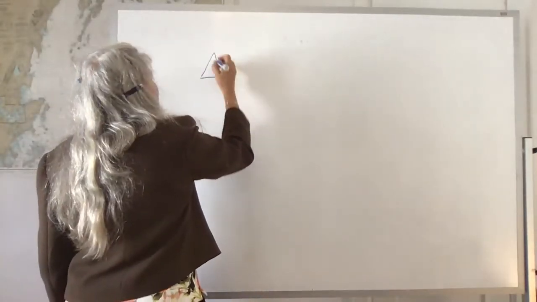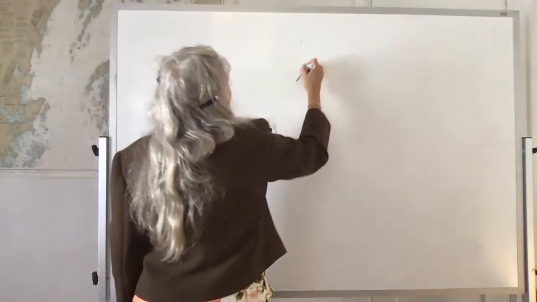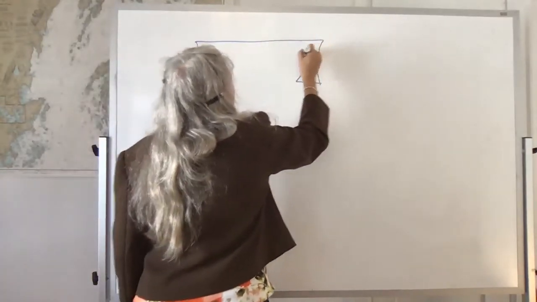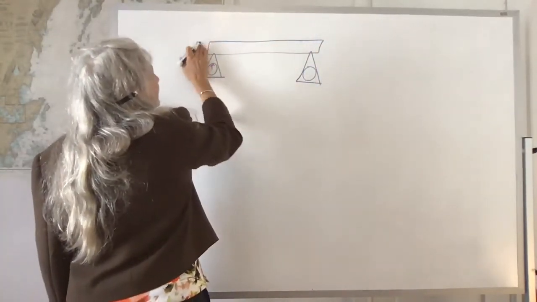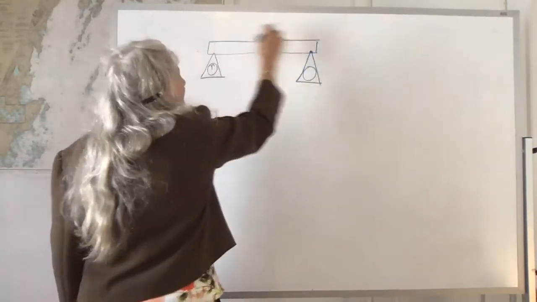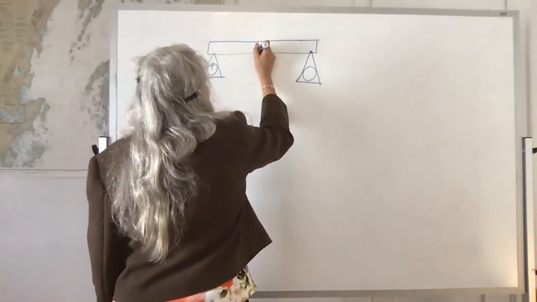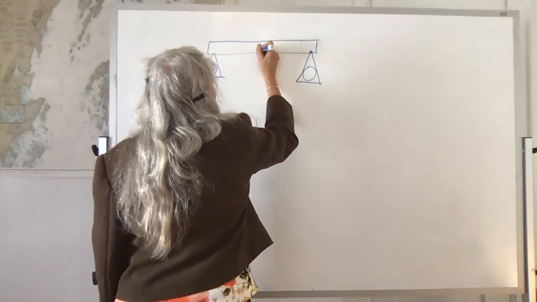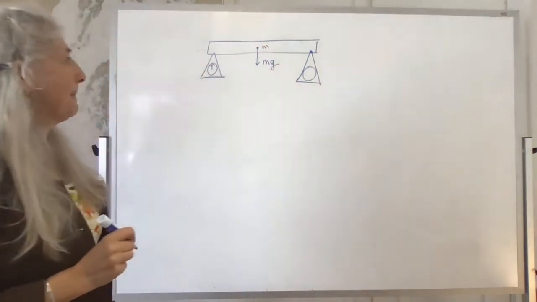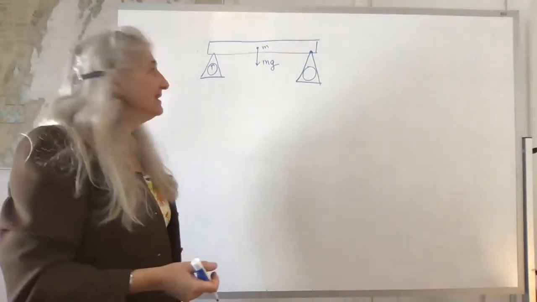The first problem we're going to do is we've got a scale here, and we've got a scale here. And there's a board, but I'm going to make it just so the edges are essentially at the ends of the scales. The board has a mass, little m, and gravity is exerted in the middle because the board is uniform density.